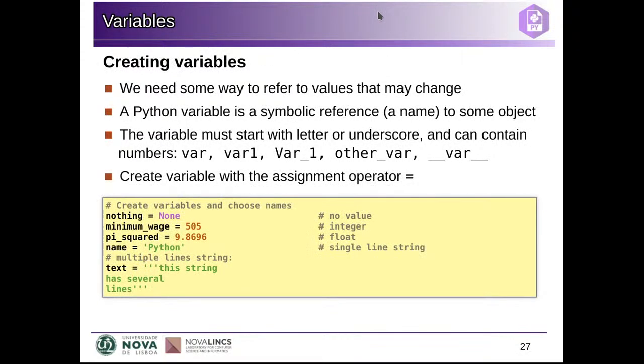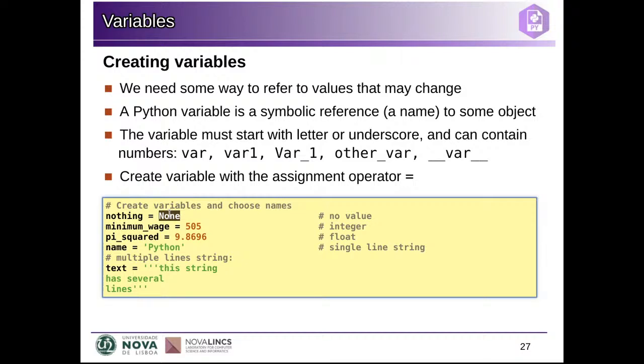So basically, to create variables, we use the assignment operator equals, and then we must start with the name that we want for our variable, the assignment operator, and an expression that will give us the value to place in our variables. These values can be of different types. For example, None refers to nothing.